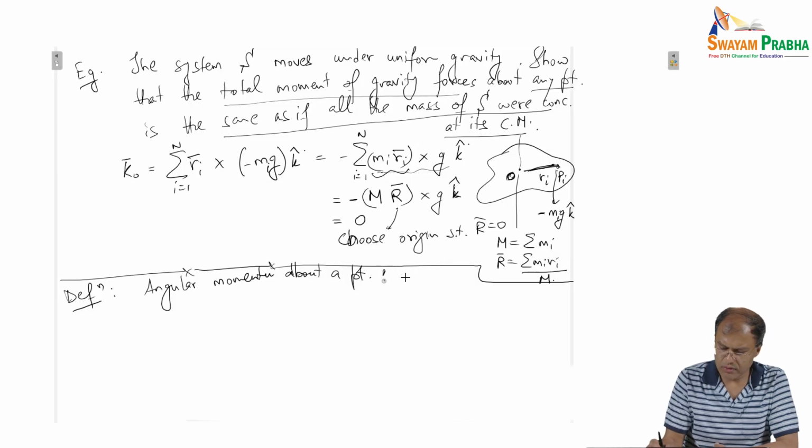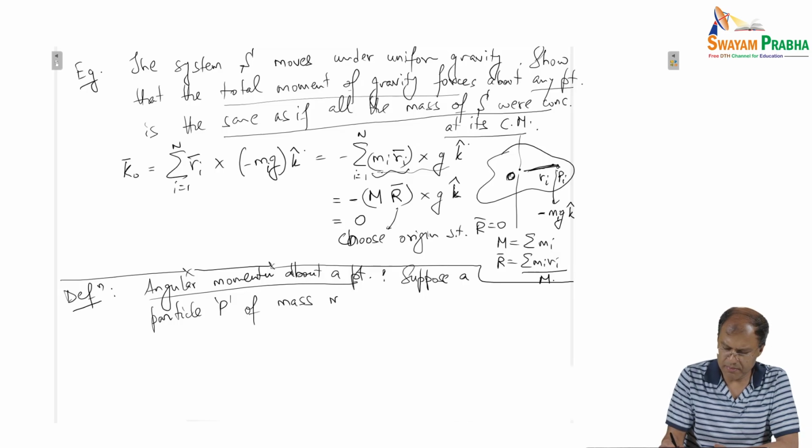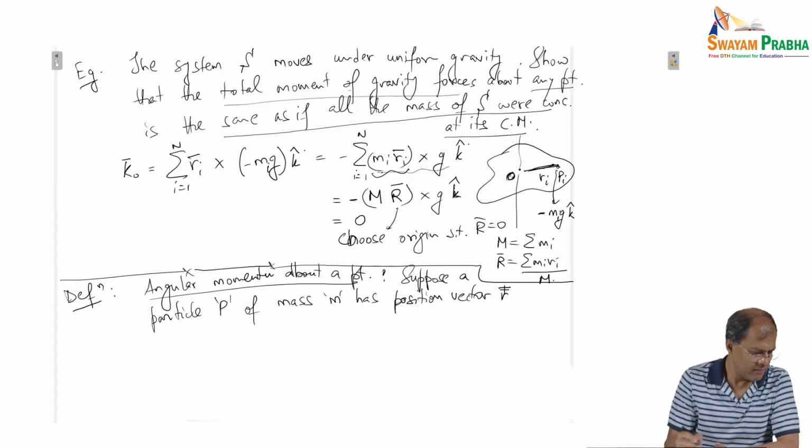Suppose a particle P of mass m has a position vector R and velocity v.